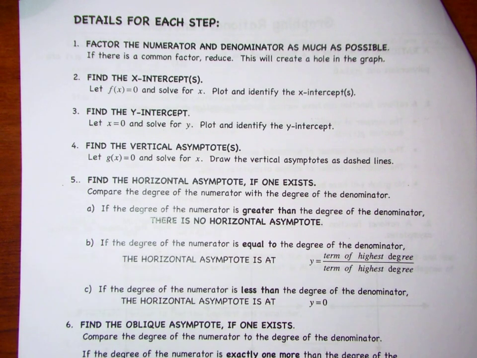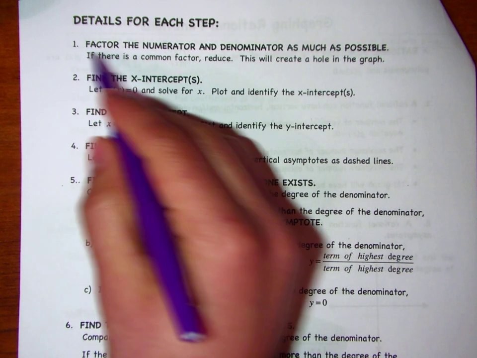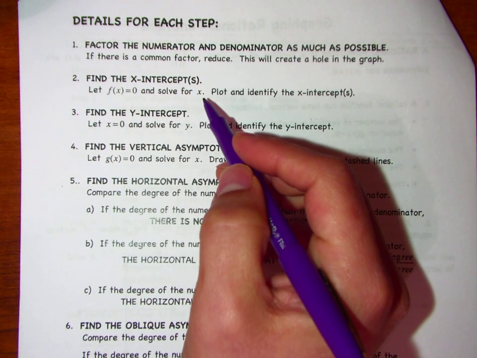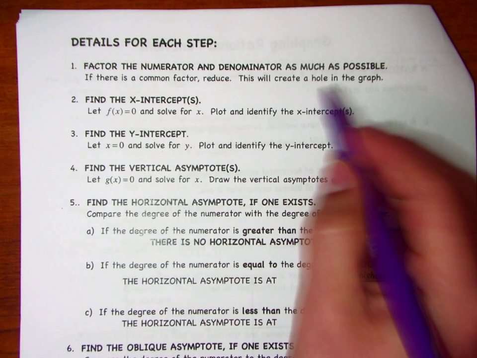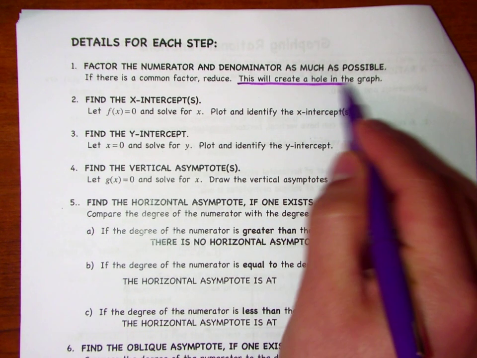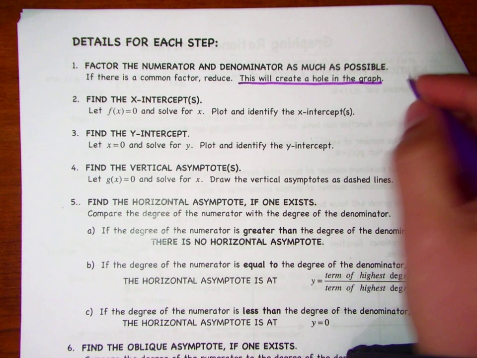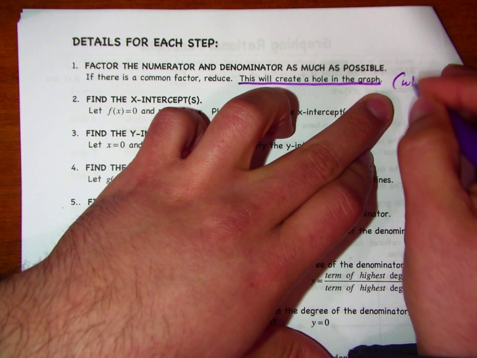So first, you need to make sure that you factor everything, numerator and denominator, as much as possible. If anything cancels, then that'll create a hole. So this is when something cancels.